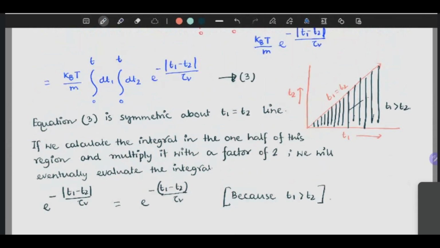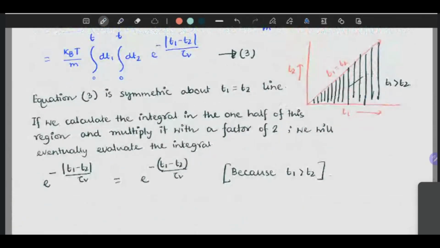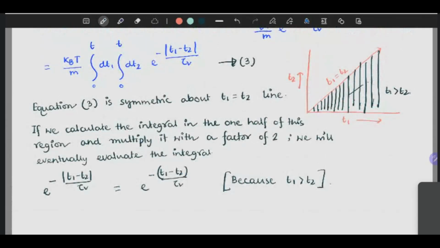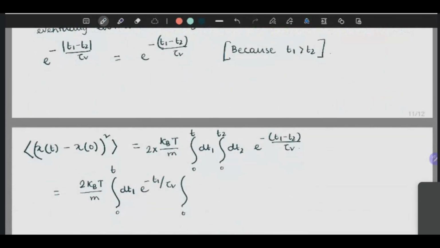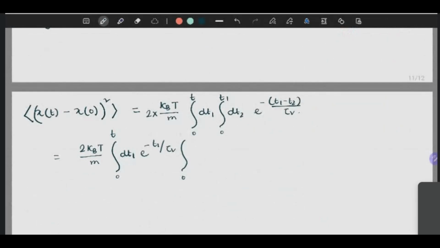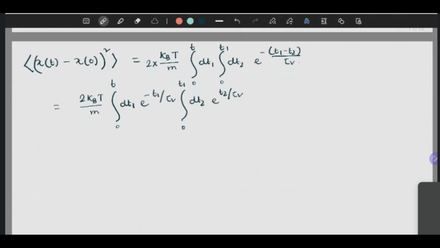Limit of t2 will be 0 to t1, because it can never exceed t1. Maximum it reaches t1, right? So then it becomes integral 0 to t1 dt2 e to the power t2 by tau_v.